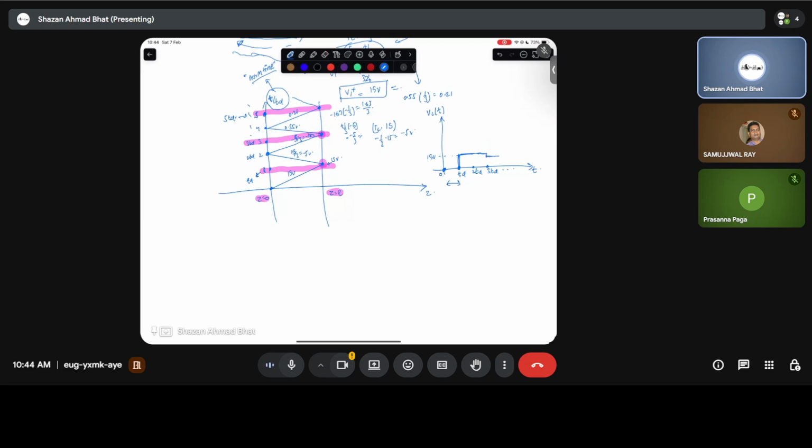Then it will stay at that value. Then again at 5 TD, it's going to receive another value where it's slightly increasing from this value, and it's going to stay like this, and then it will be nearly constant after a certain time of around 5 TD. So if you look at this curve, it's looking something like this, and then it's stabilizing.